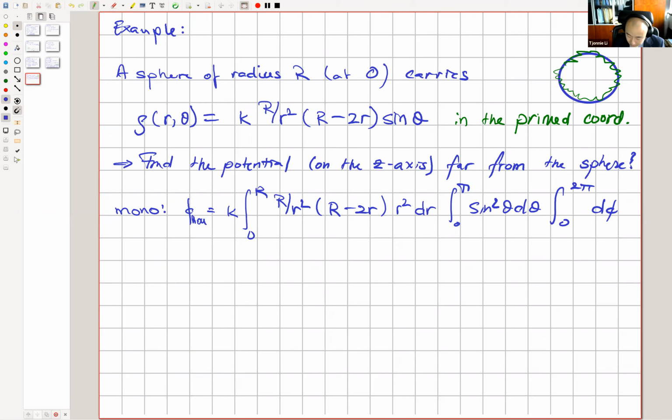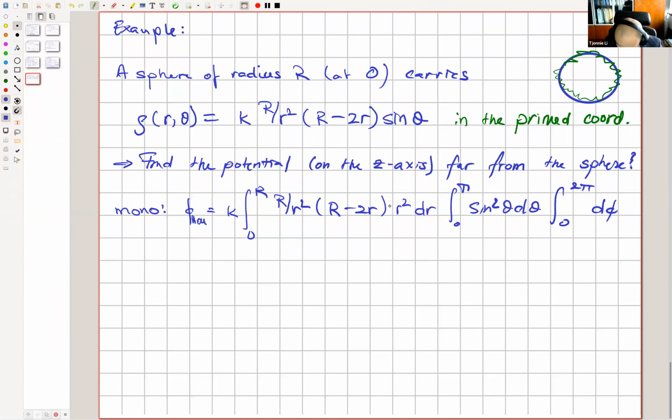Now the r's cancel out. So this r squared here cancels out with this r squared here.